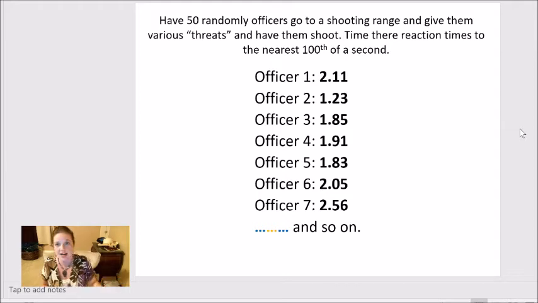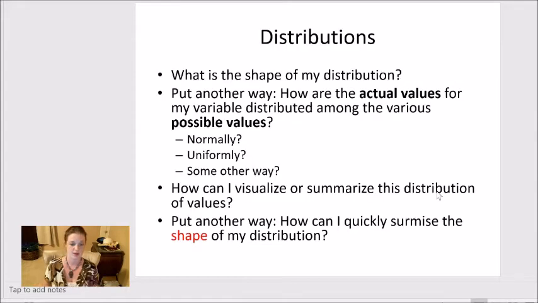I'm going to take them to a shooting range and give them various pretend threats, kind of like if you've ever watched Men in Black, the first one. It's from a while ago, but whatever, I remember it. Will Smith is assessing threats along with all the other candidates for Men in Black. That's how I imagine you would operationalize this variable, by simply timing how long they take.